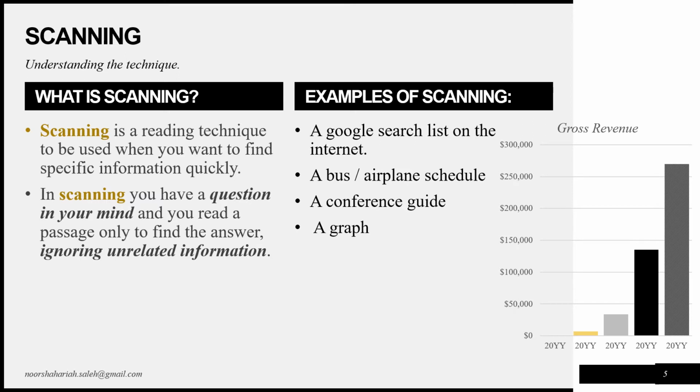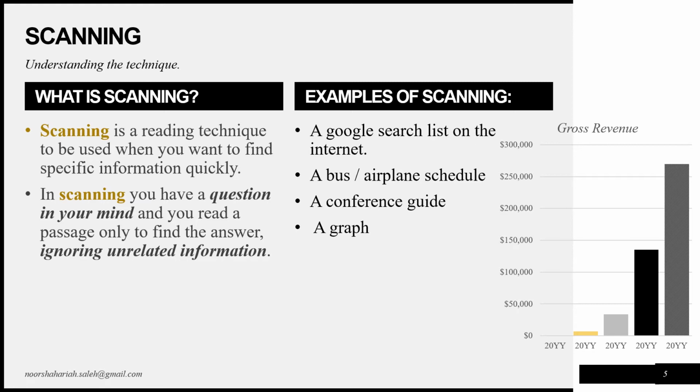If you want to go to Penang, you go straight to the counter for Penang, and if you don't have a specific time, you can search for the available tickets or times. Or if you already have a specific time that you would like to depart, let's say 9 a.m., you go straight to the 9 a.m. ticket, if they are still available. So that is a scanning technique.